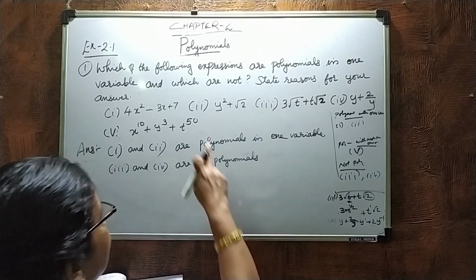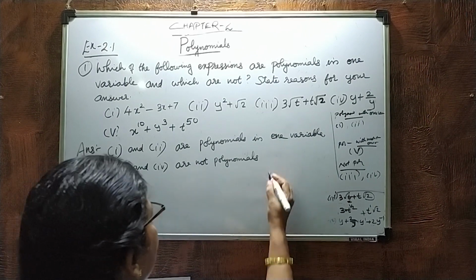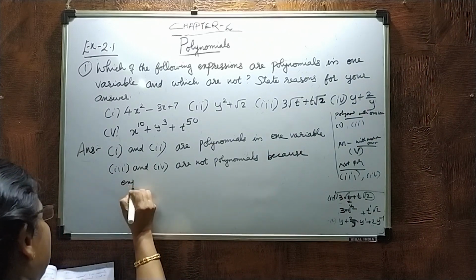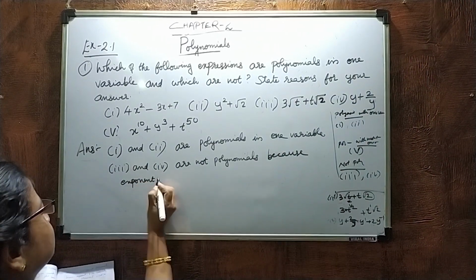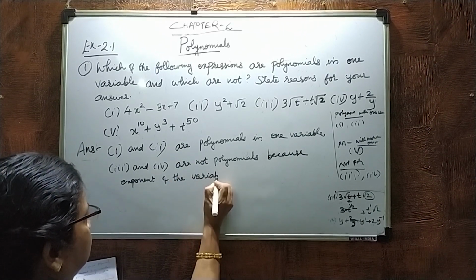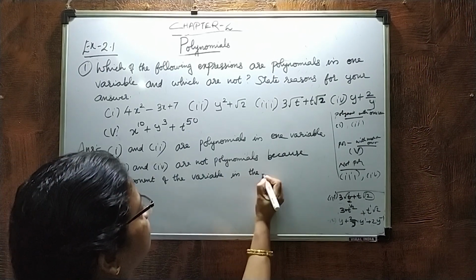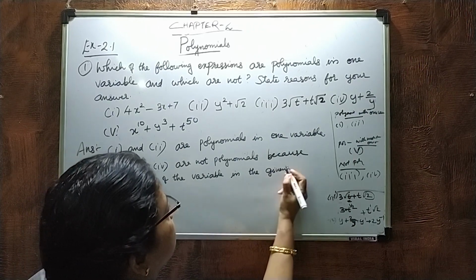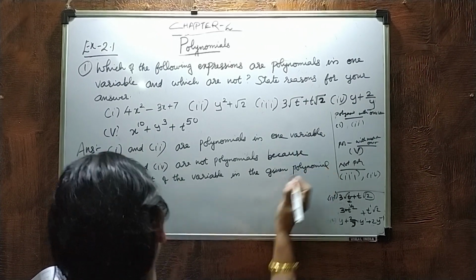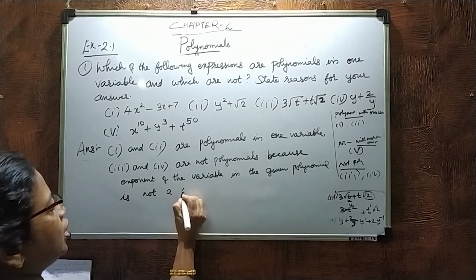Because they ask you to state the reason, you have to write it. So the third and fourth are not polynomials because the exponent of the variable in the given expression is not a whole number.